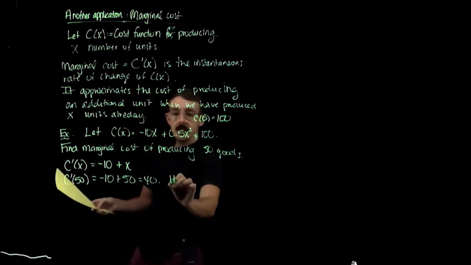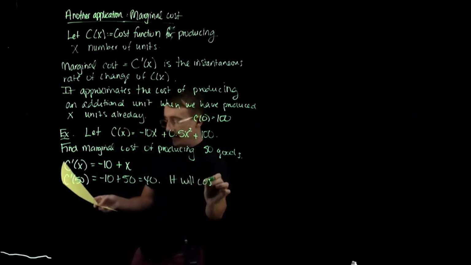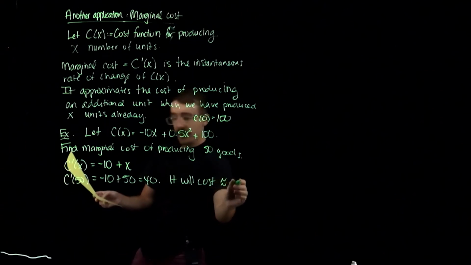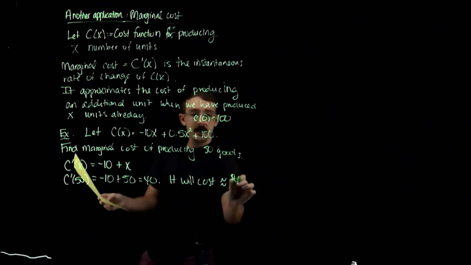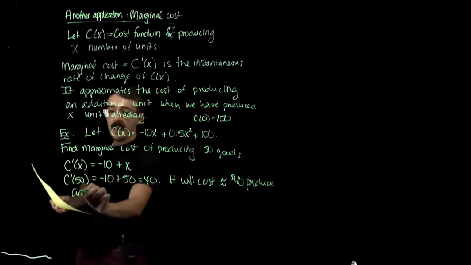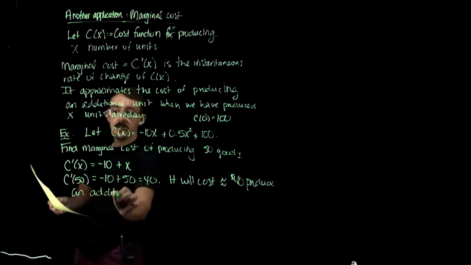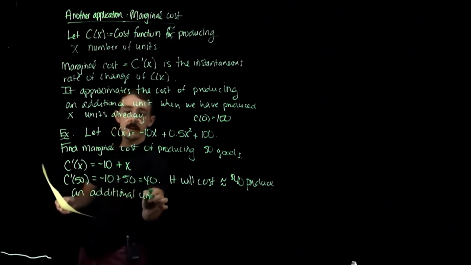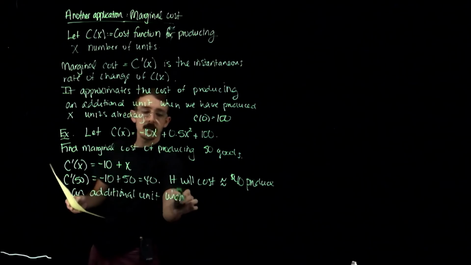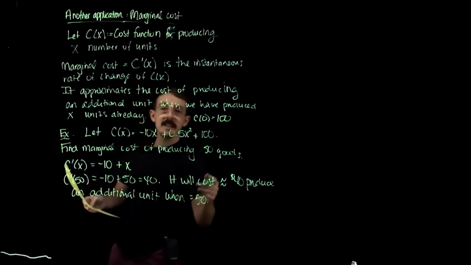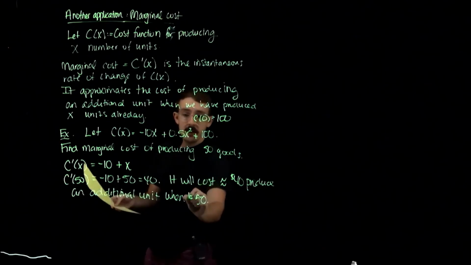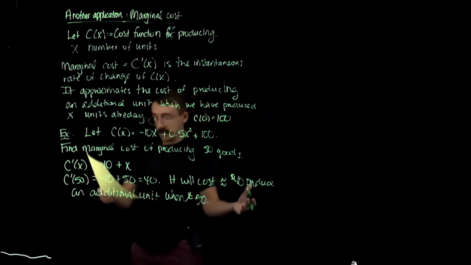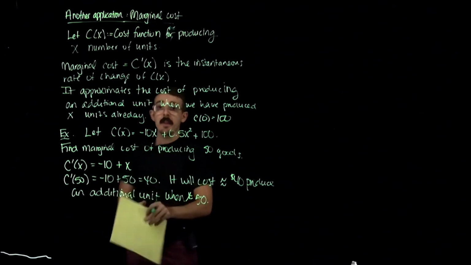So this means it will cost approximately, that's what my wiggle lines here mean, approximately $40 to produce an additional unit when x equals 50. So to get to my 51st unit from already having 50, it would cost me $40 more. That's an approximation.